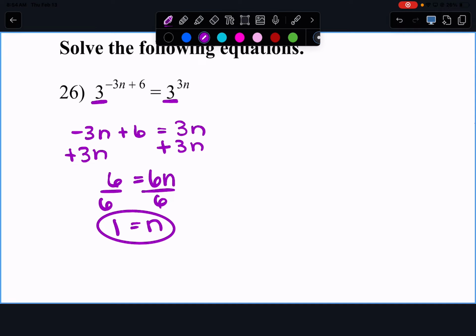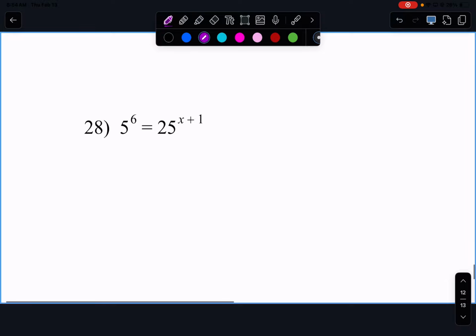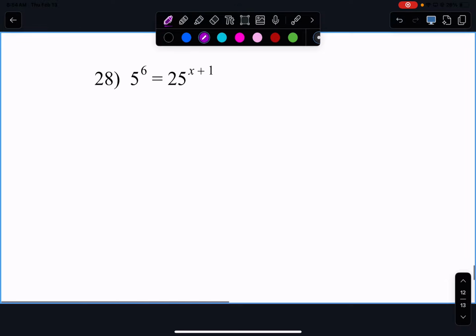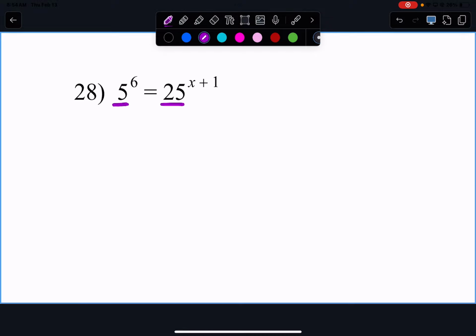Then for 28. It's the same thing, okay? But now, are my bases the same? Is there a way I can rewrite 5 to equal 25? 5 to the what gives us 25? 5 squared.